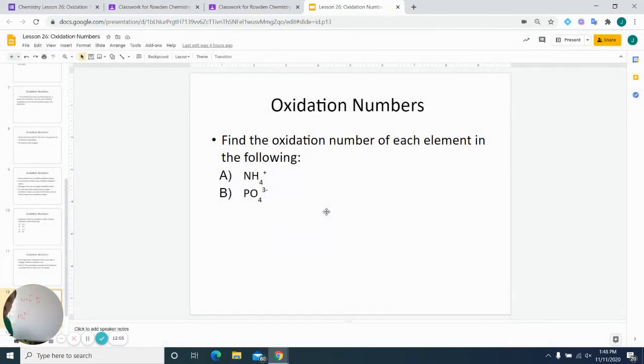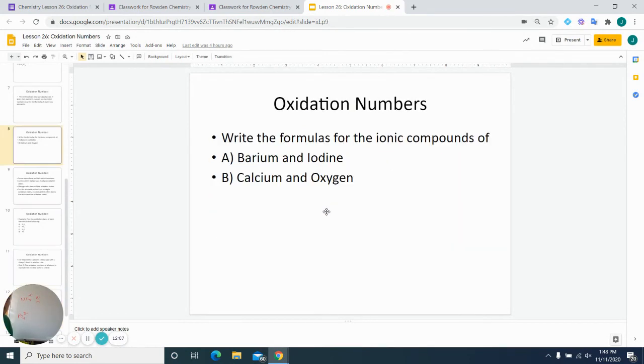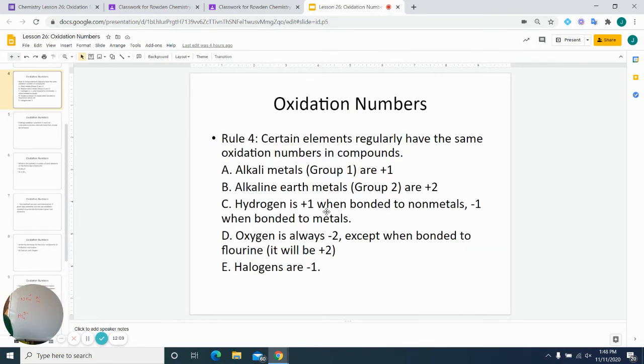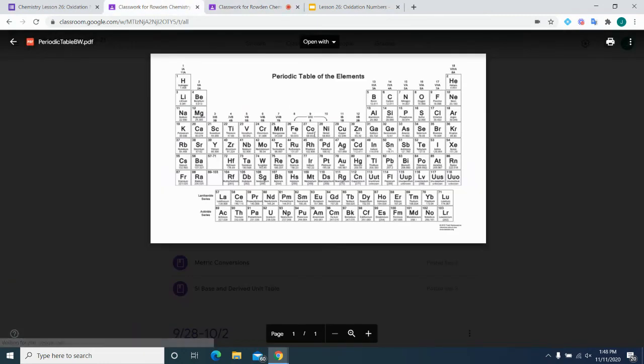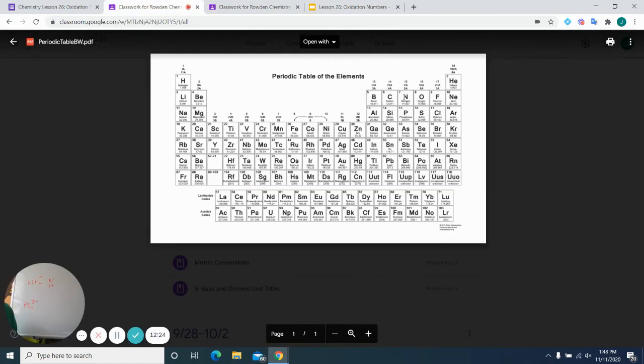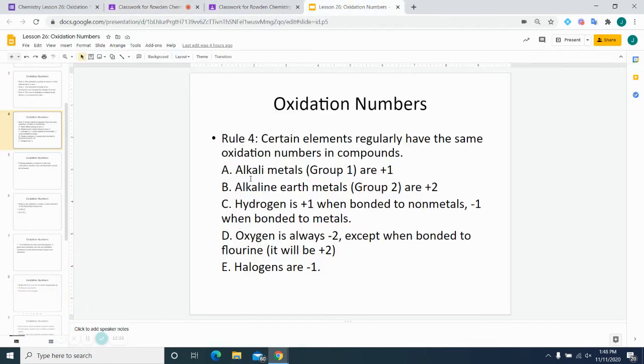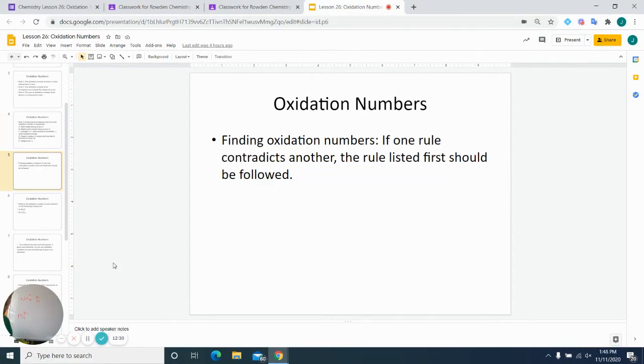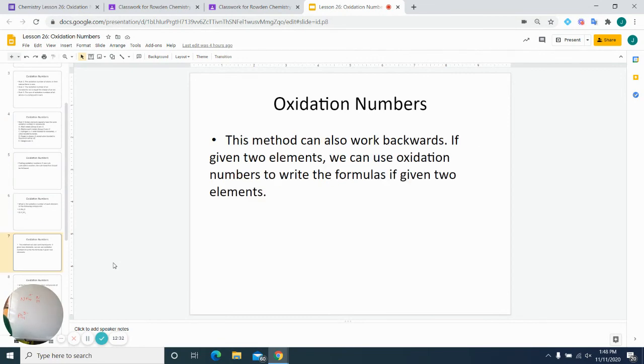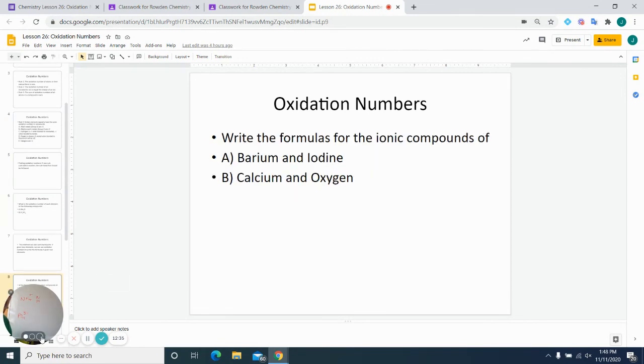Remember with H, you expect H to be positive, it normally is, but just remember this exception with H. It's plus 1 when it's bonded to nonmetals and negative 1 when it's bonded to a metal. So hydrogen here is bonded to a nonmetal, which is nitrogen. Nitrogen's a nonmetal. So we keep H positive. When all you have is H, it's worth it to double check to make sure you're doing it right. Typically, in the examples we have, hydrogen is going to be plus 1. We're normally going to have it bonding with nonmetals.